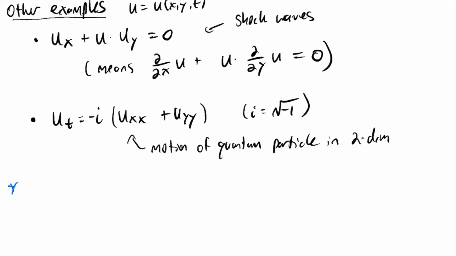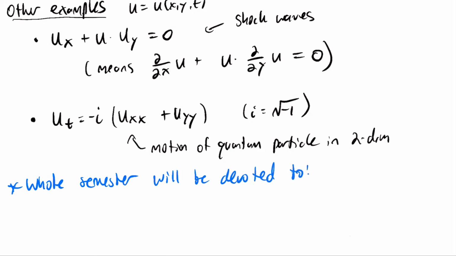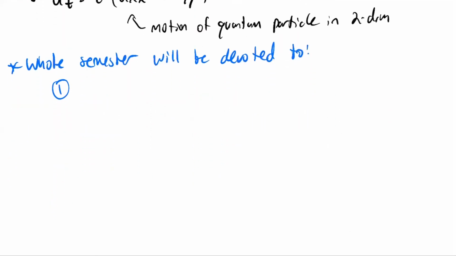And so, throughout the whole semester, whenever we encounter a new partial differential equation, there are basically going to be two different ways that we're going to analyze the equation. Let me just write those out. The first thing is the simplest, the most natural, which is like the computational question.